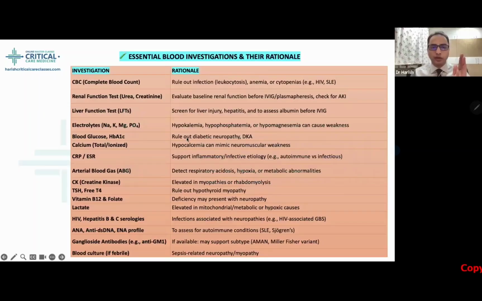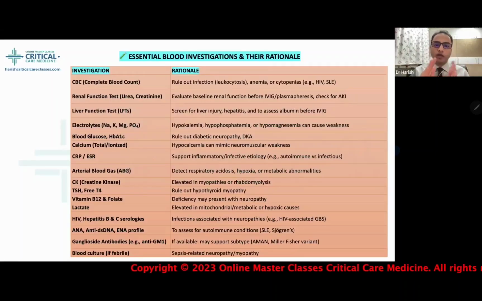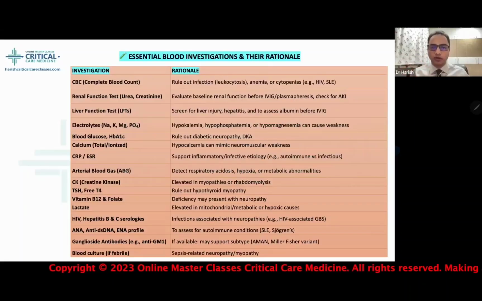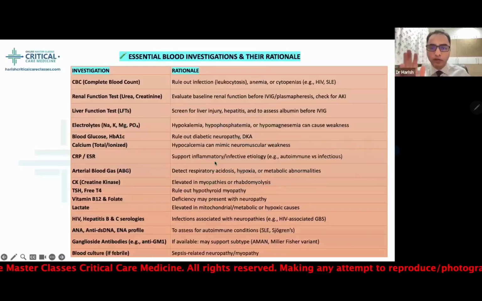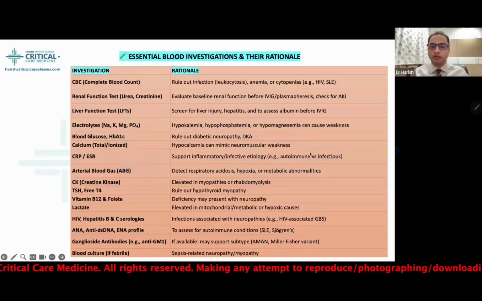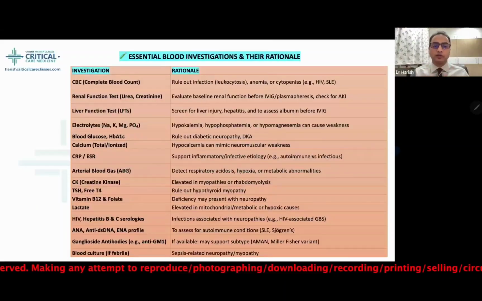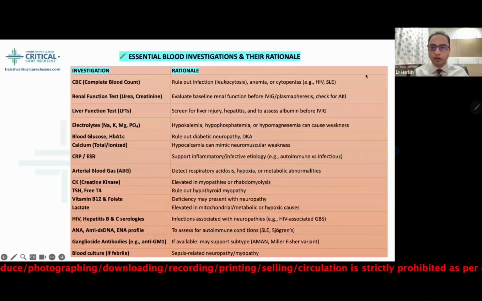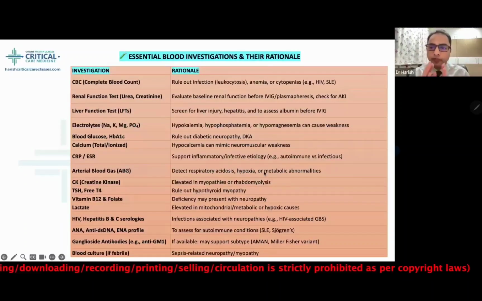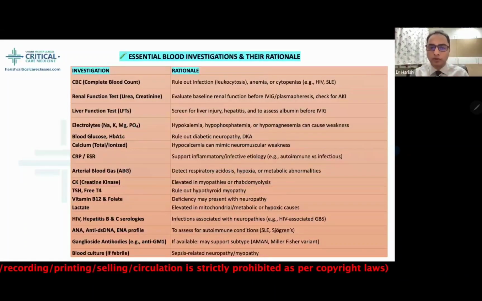Blood glucose, HbA1c, to rule out any diabetic neuropathy, diabetic ketoacidosis. Calcium, both total and ionized calcium. Hypocalcemia can mimic neuromuscular weakness. CRP, ESR, which support an ongoing inflammatory process or infective etiology. So we can get an idea of autoimmune versus infectious cause. ABG definitely tells about any respiratory acidosis with CO2 retention, any hypoxia or metabolic abnormalities.